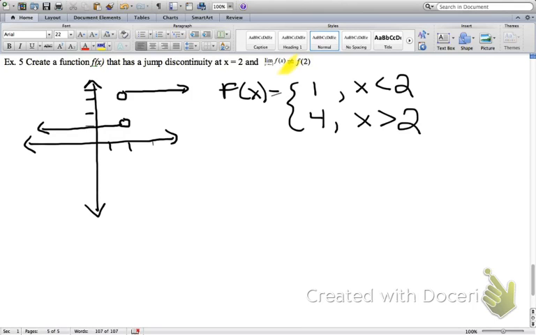So you notice here that these are both open circles, so that means that it's never actually equal to 2. And therefore we would have a jump discontinuity at x equals 2, and our limit of f at x will not be equal to f at 2 because of it not being included.